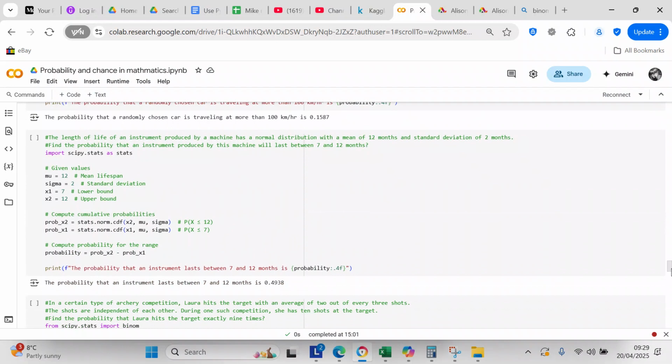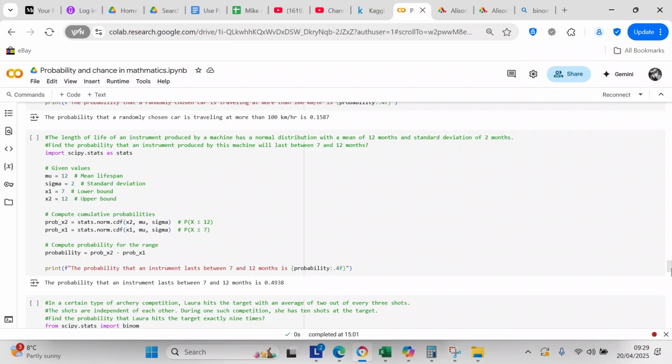We have our given values: your mean lifespan, or mu, is 12. Your standard deviation, or sigma, is 2. Your lower bound, x1, is 7. And your upper bound, x2, is 12. So we're going to compute the cumulative probabilities. Prob x2 equals stats.norm.cdf(x2, mu, sigma).